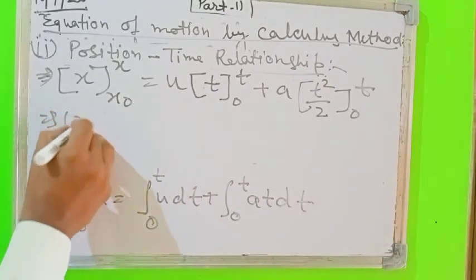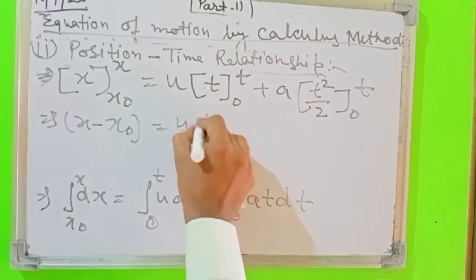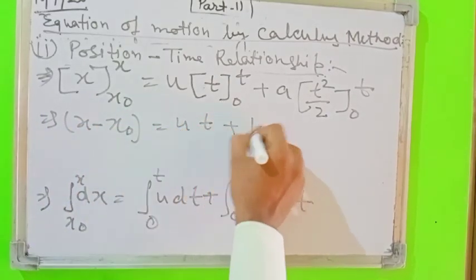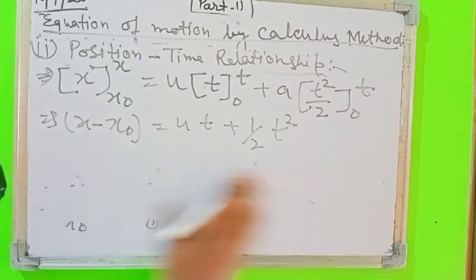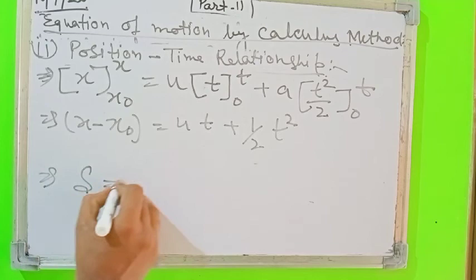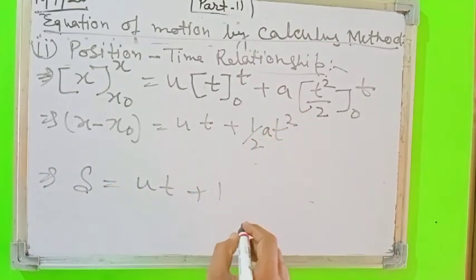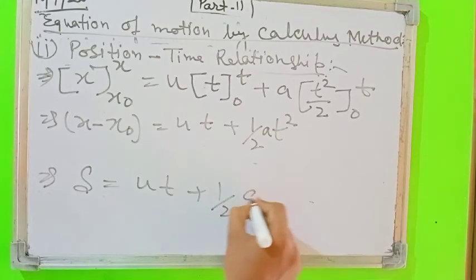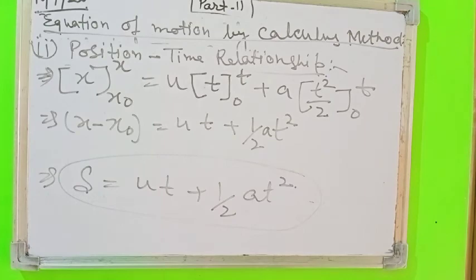It is equal to x minus x naught is equal to ut plus half at square, upper limit minus lower limit, and you will get the position time relation s is equal to ut plus half at square.